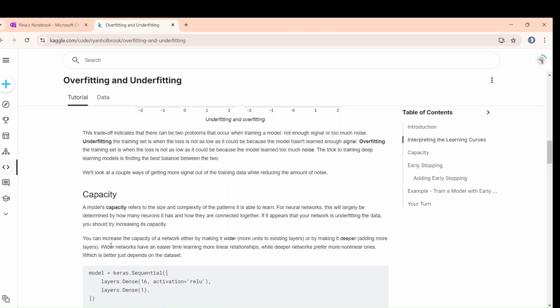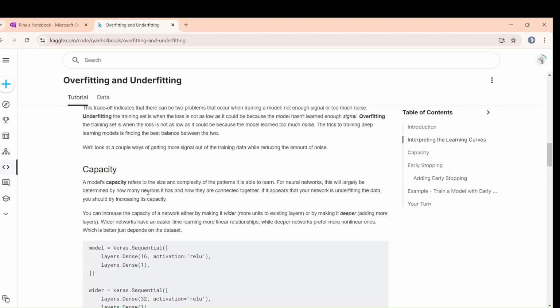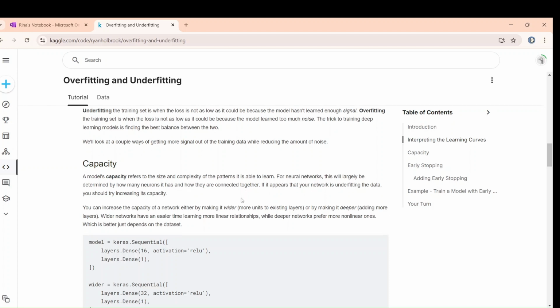Okay, now let's read this. A model's capacity refers to the size and complexity of the patterns it is able to learn. For a neural network, this will largely be determined by how many neurons it has and how they are connected together. So what happens if you use a small number of neurons? That means you are studying for fewer hours.